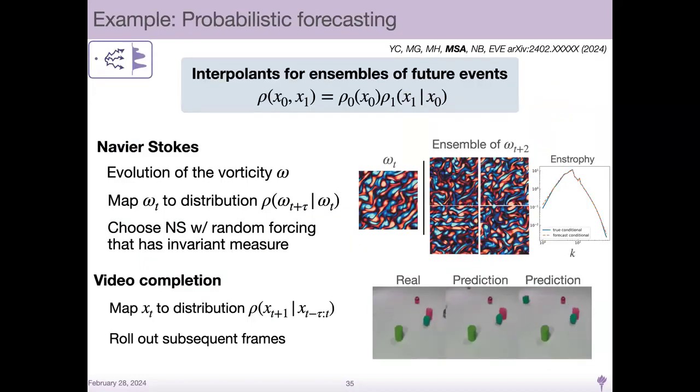So what can you apply this to? Well, we took a simple example of Navier-Stokes equations that has random forcing in it. So there is a stochastic aspect of what happens next, but there's an invariant measure of what this vorticity field, modeling this fluid flow, is going to represent. And we would love to learn the distribution of this vorticity field at the time t plus tau, given some snapshot at time tau.